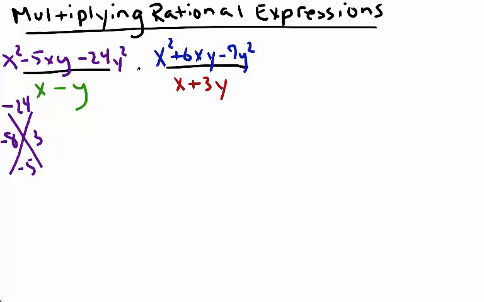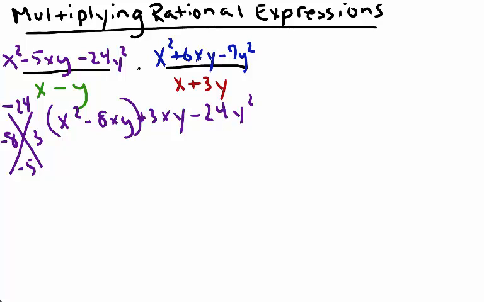So I'll use those two new terms to replace my middle term, negative 5xy, like this: x squared minus 8xy plus 3xy minus 24y squared. Then I'll factor by grouping. I group the first two terms, I group the last two terms, and I look for the GCF from each set.